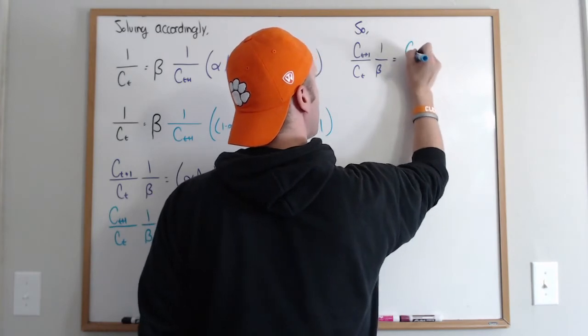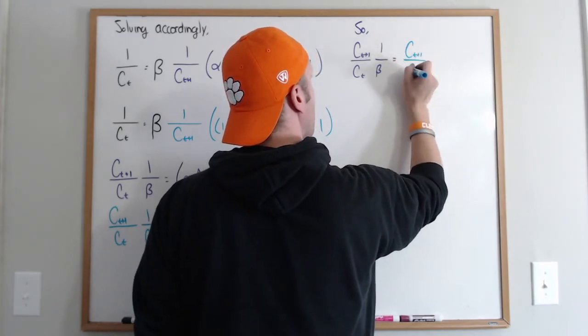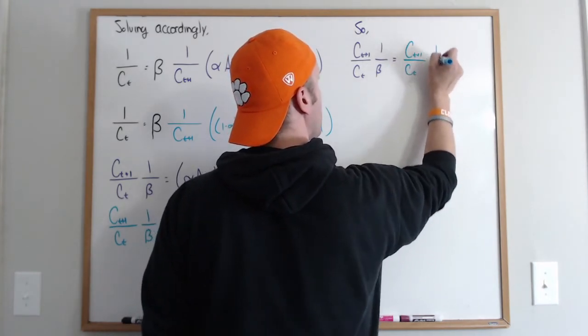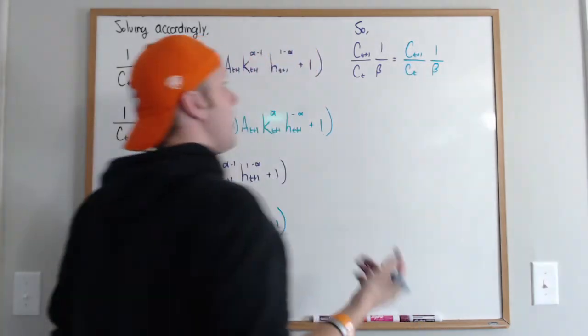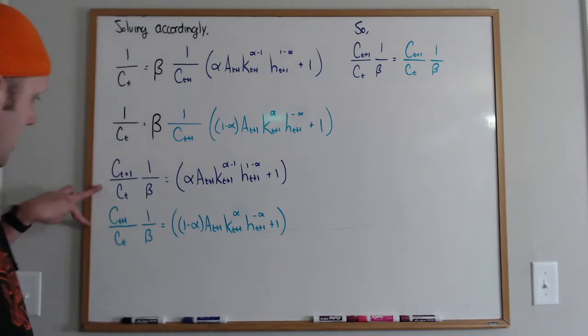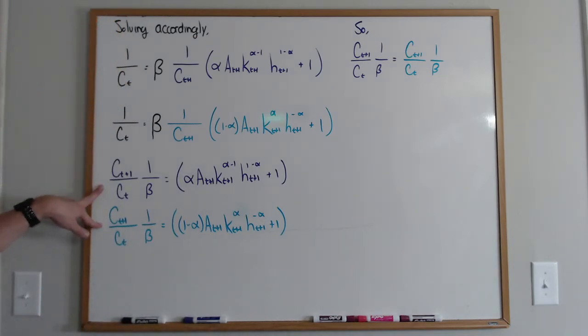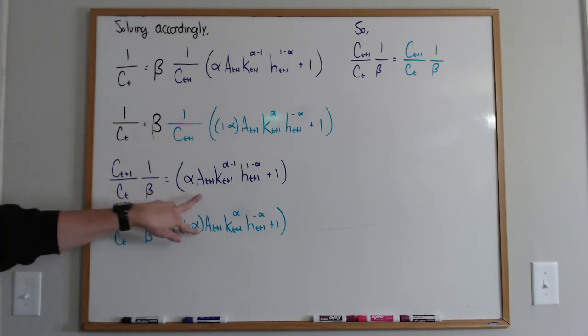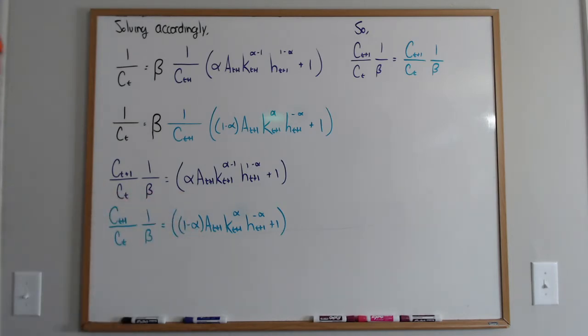I'm just writing it out. It's color-coded. So we get that. If the left-hand sides of these two equations are equal to each other, well, that means the right-hand sides of these two equations have to equal each other.